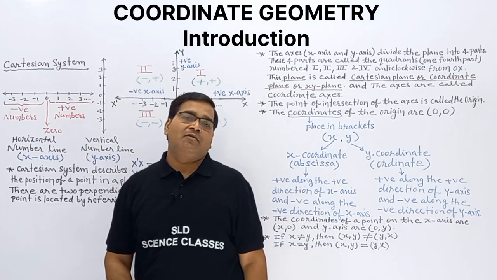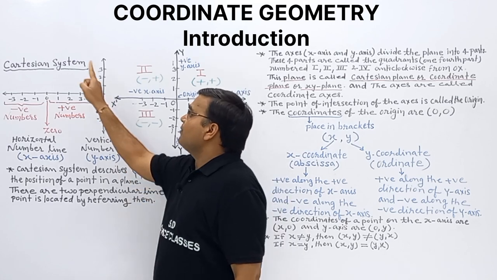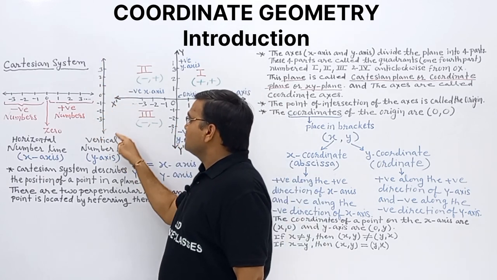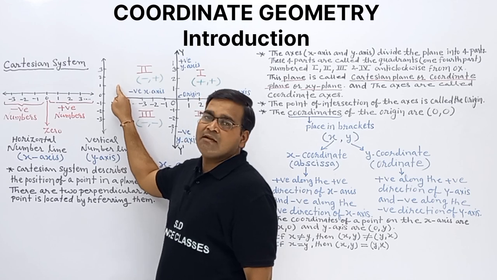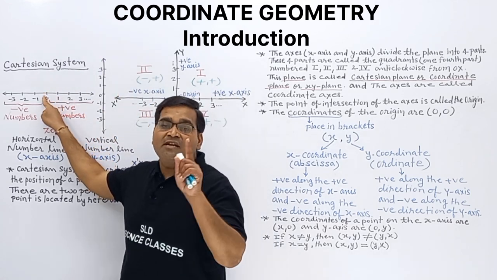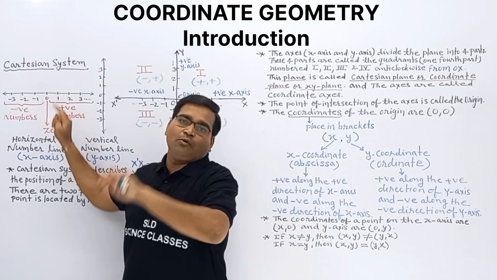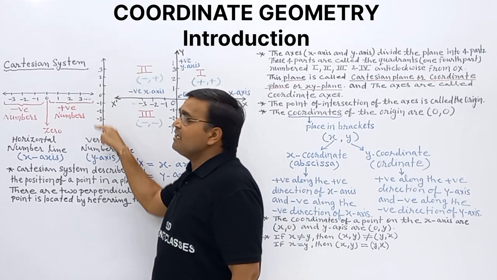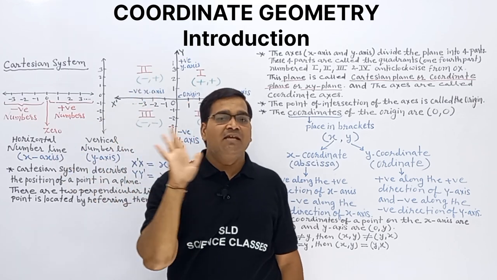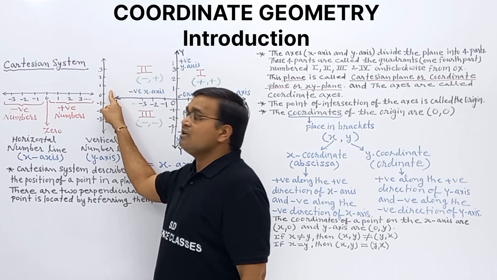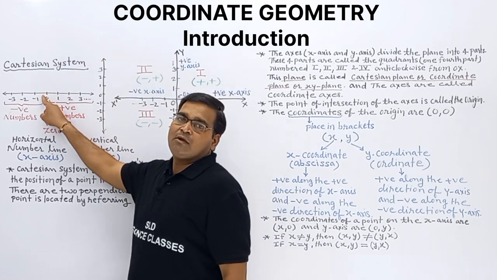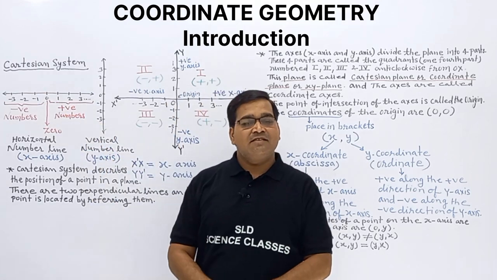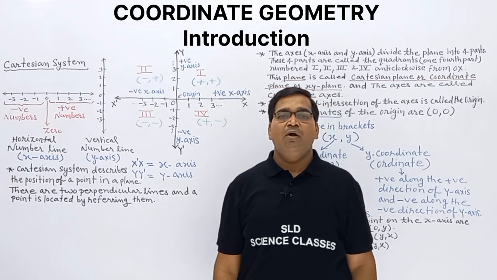Once we place this vertical number line perpendicularly, at 90 degrees, on the horizontal number line at 0, then we get a system that is called the coordinate system or Cartesian system.